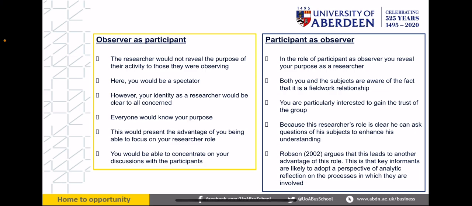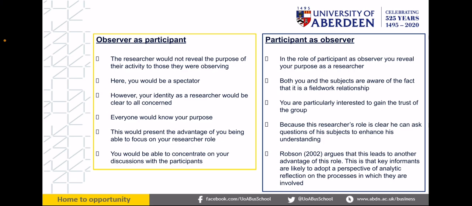The other two, which we say are less problematic, are observer as participant and participant as observer. With observer as participant, here you would be a spectator, and the researcher would not reveal the purpose of the activity to those they were observing. However, your identity as a researcher would be known.